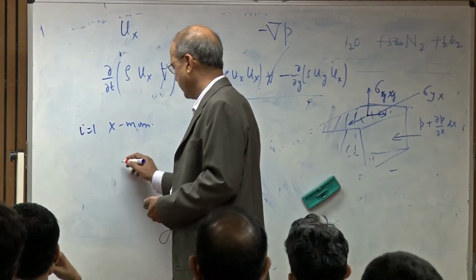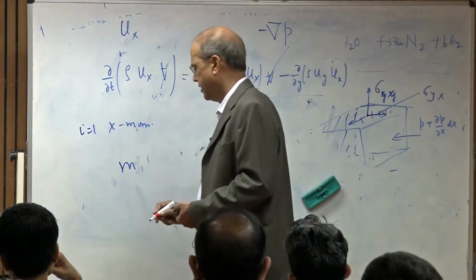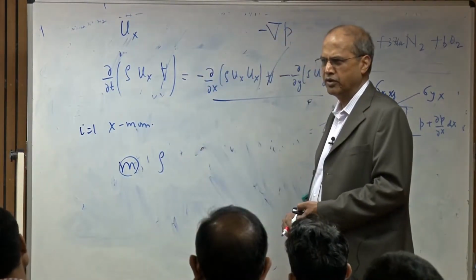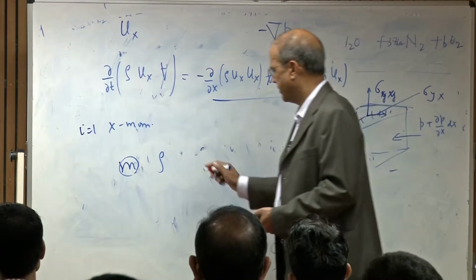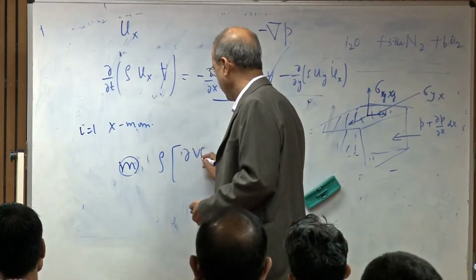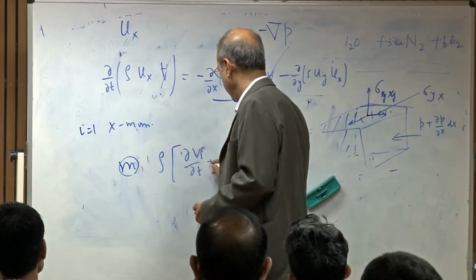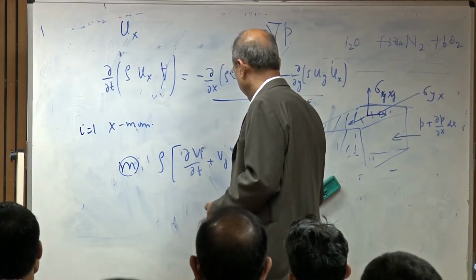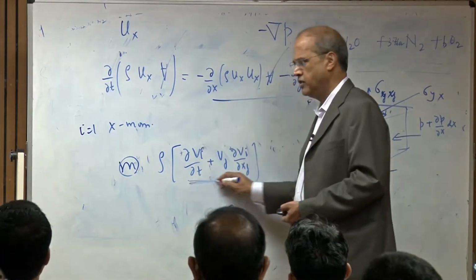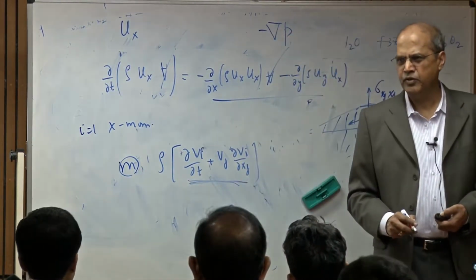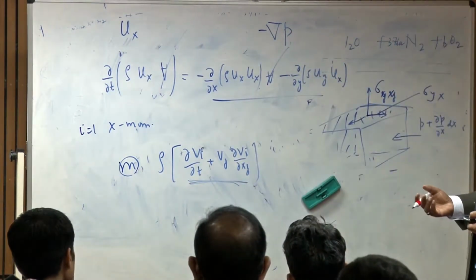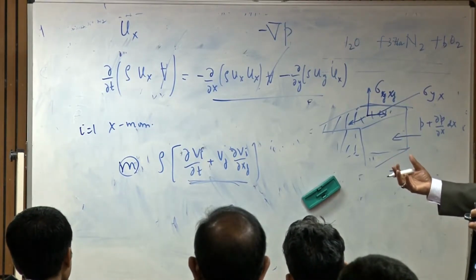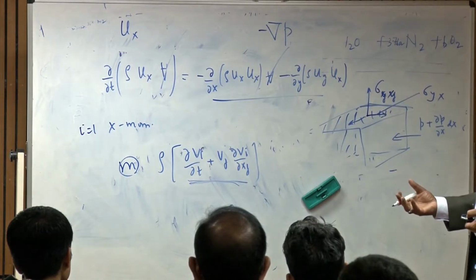Because what is the acceleration of the fluid? Or the forces on the fluid, mass times the acceleration, right? So what is the mass? Mass is rho. Okay. And the acceleration is written as dvi dt plus vj dvi dxj. This is the acceleration term, what you call the total derivative or the substantial derivative, for a moving particle.